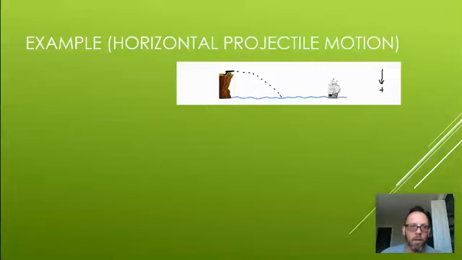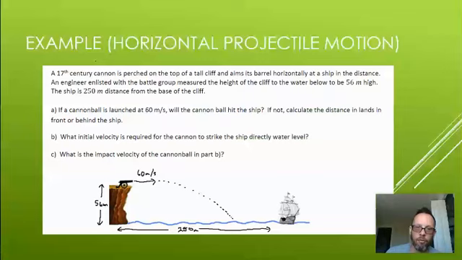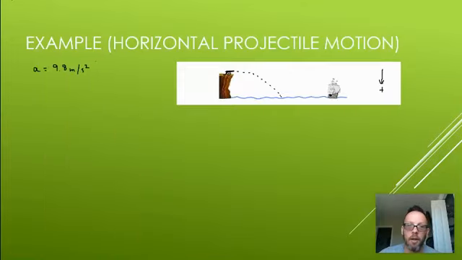So what do we know? If we choose down to be positive, our acceleration will be positive 9.8 meters per second squared. From the description of the problem, our displacement in the positive direction is 56 meters. In this case, we do need to specify that it is our displacement in the y direction, delta dy, 56 meters.